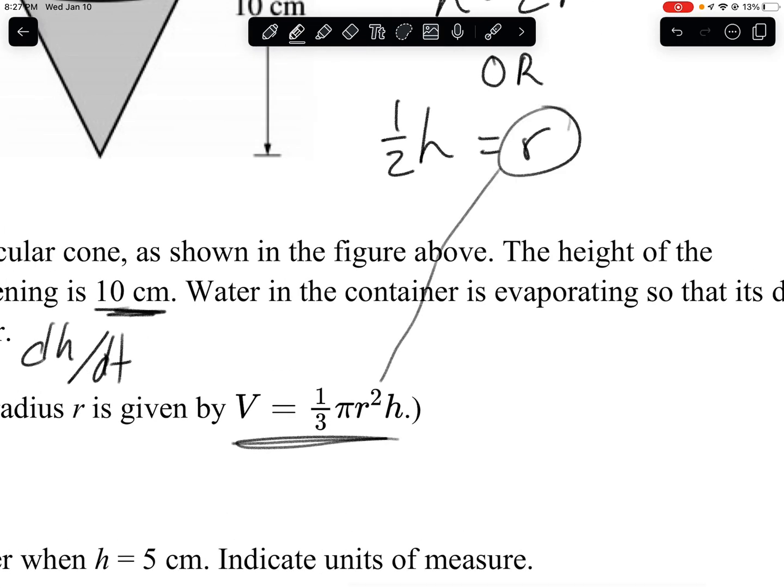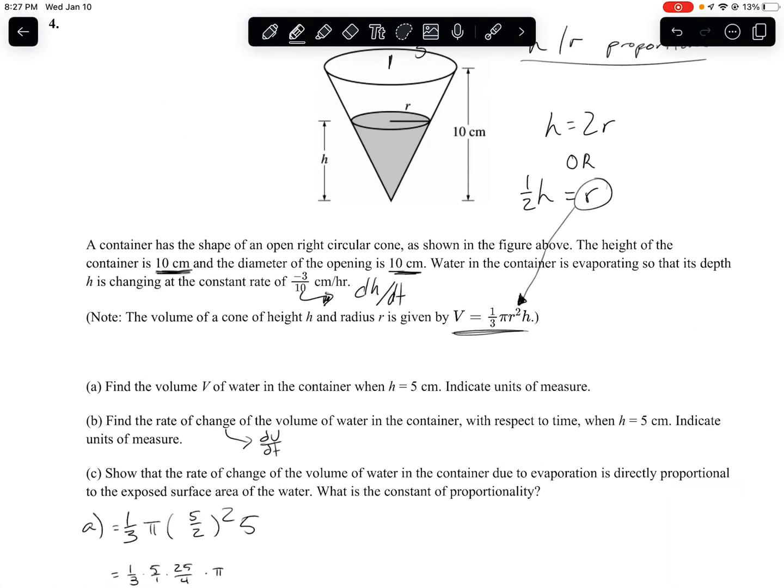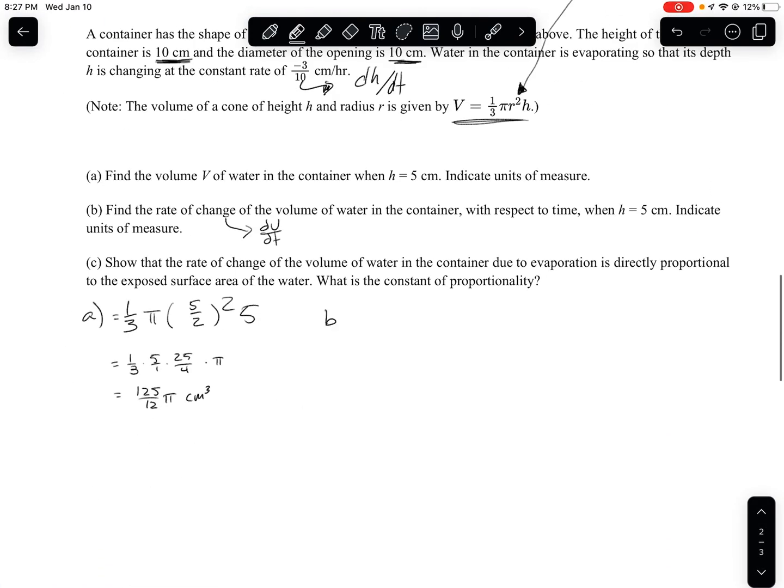I have the fact that r is equal to 1/2 my height, so I'm going to plug in that for here. So let's go do that below. So let's actually write it all out. My volume is 1/3 pi r squared h, but I'm going to rewrite that r squared as h/2 squared, times height.